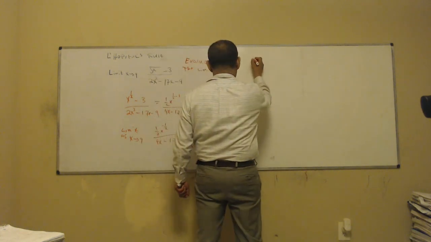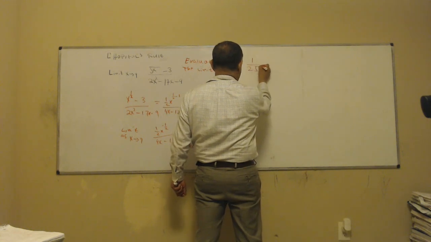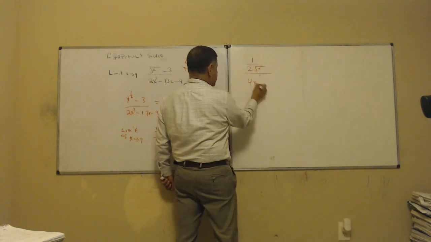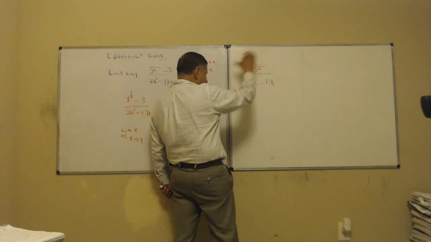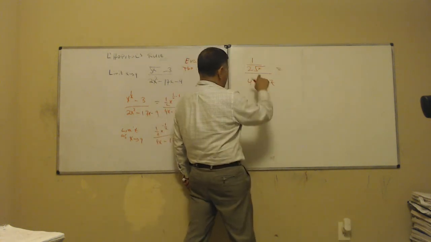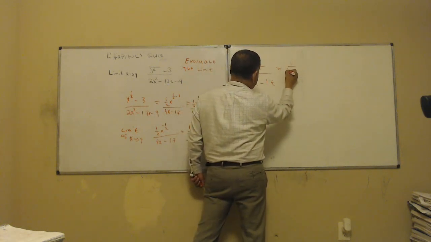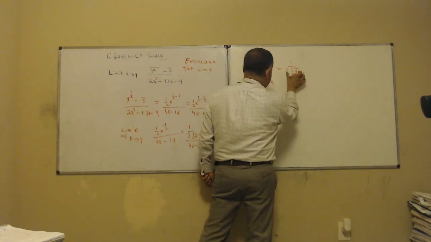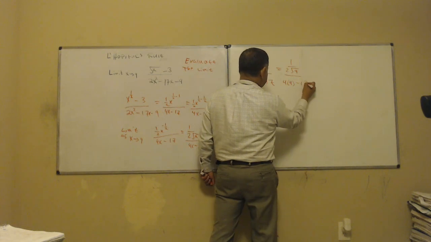So we have 1 over 2 square root of x over 4x minus 17. Okay, so now we do this and we get, now x is equal to 9. So 1 over 2 times the square root of 9, over 4 times 9 minus 17.